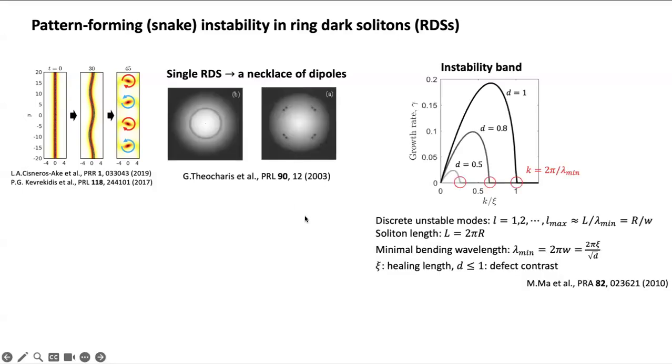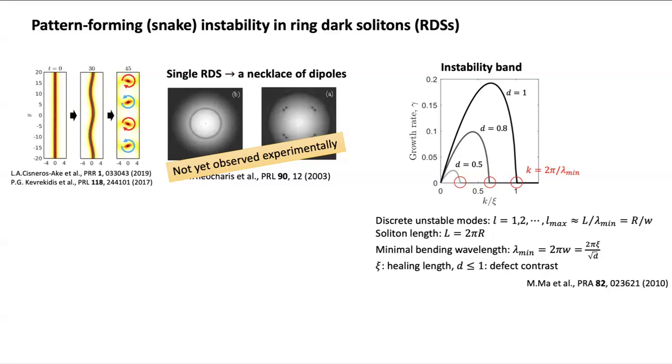For a ring dark soliton, it has long been predicted that if you start with a ring, eventually it will break up into vortex and anti-vortex pairs. However, this had never been observed experimentally before we actually performed this experiment. And so one of the very interesting things is about the size of the instability band.